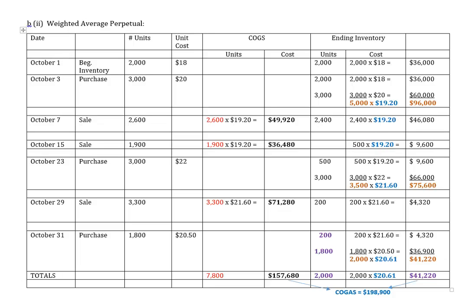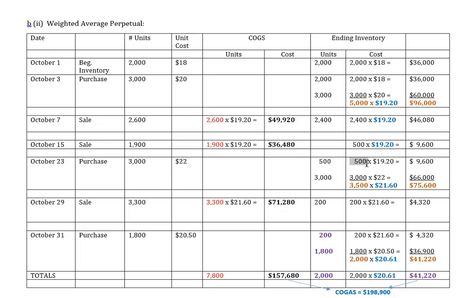Now here we go. We have a purchase. So what do I have? I purchased 3,000 at $22 a pop. All I know is I've got 500 units left of the ones that were up here, because don't forget, after I had sold 1,900 of the 2,400, I had 500 left.